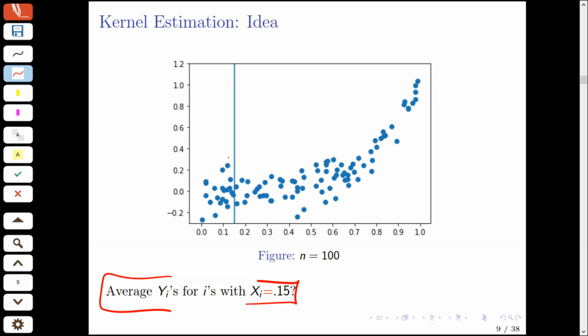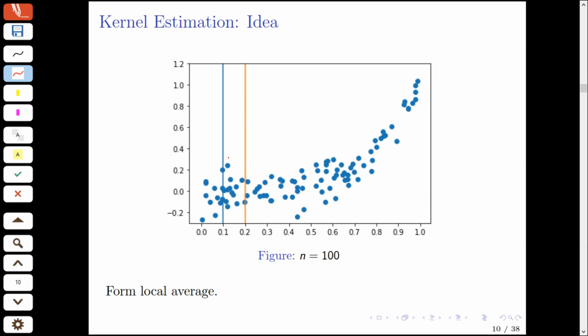We could instead expand our window of opportunity and say, well, let me not average over outcomes for x being exactly 0.15, but just approximately 0.15.